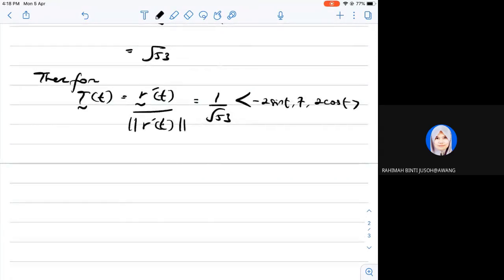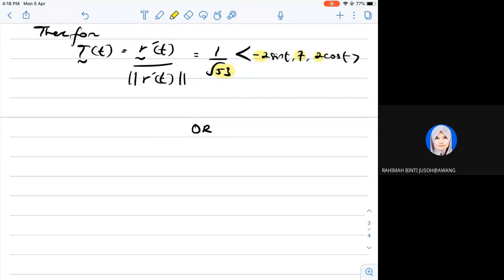Or guys, another notation, kalau you tak suka buat sharp bracket macam ni, sebab kadang-kadang student dia terlupa nak darab masuk dalam. I mean this coefficient ni, you lupa nak darab dengan negative 2, 7 dengan 2 ni. So, sometimes student kalau nak selamat, better you buat dalam bentuk IJK.